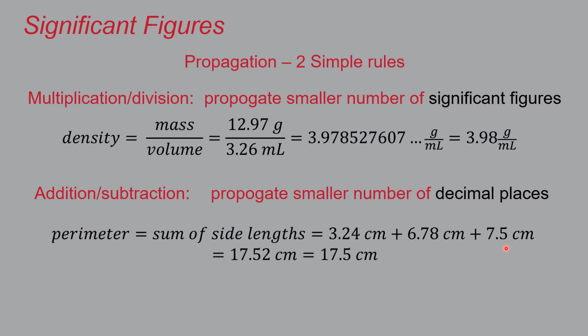So if you were to do this in your calculator, you would get this answer right here, 17.52 centimeters. But calculators are dumb, and this should actually be reported to 2 decimal places, 2 decimal places, 1 decimal place. So you should round that, or it should be expressed, to 1 decimal place. And in this case, since it was 5.2, it just stays at 17.5 centimeters.